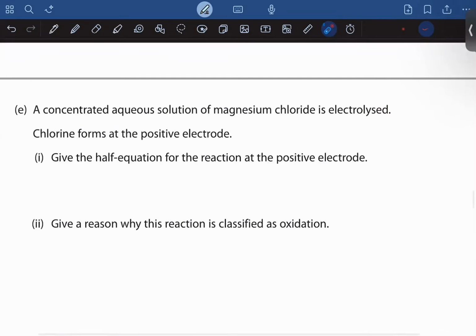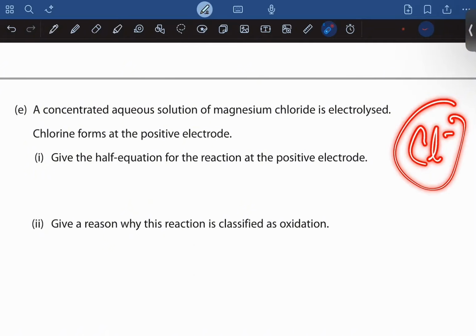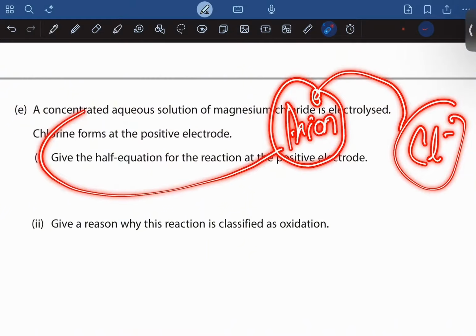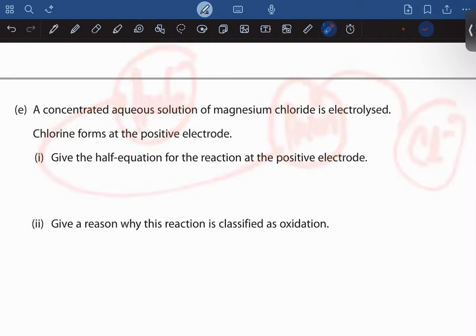A concentrated solution of magnesium chloride is electrolyzed. The chlorine forms at the positive electrode, right? So Cl minus. This is an anion, right? Anion would be going to the what? Positive electrode, that is anode.